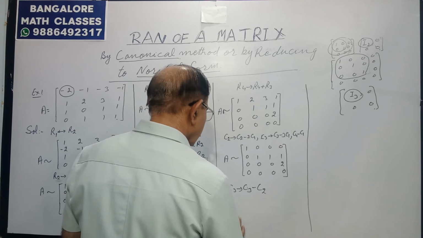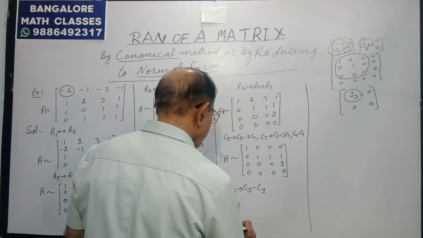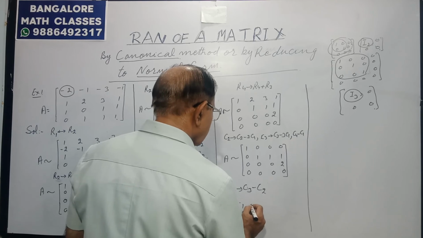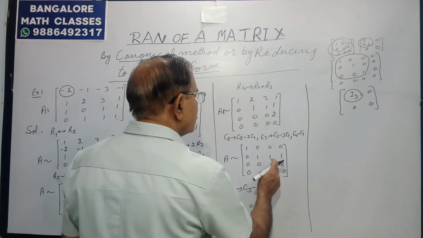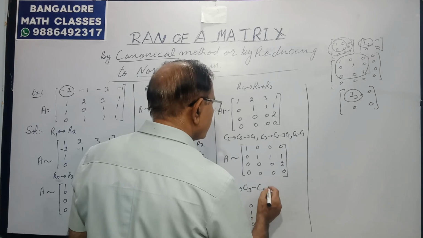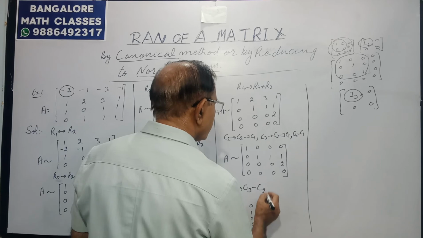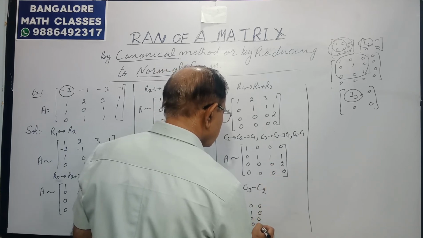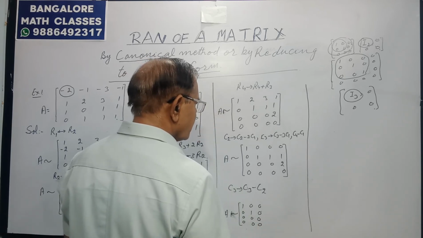Our matrix will be equivalent to: first column as it is, silent about the second column, third column C3 minus C2, giving 0 in each row. Like that we can do.